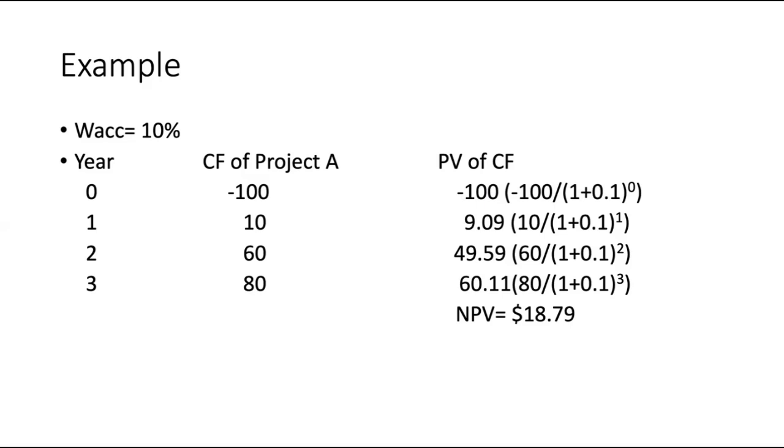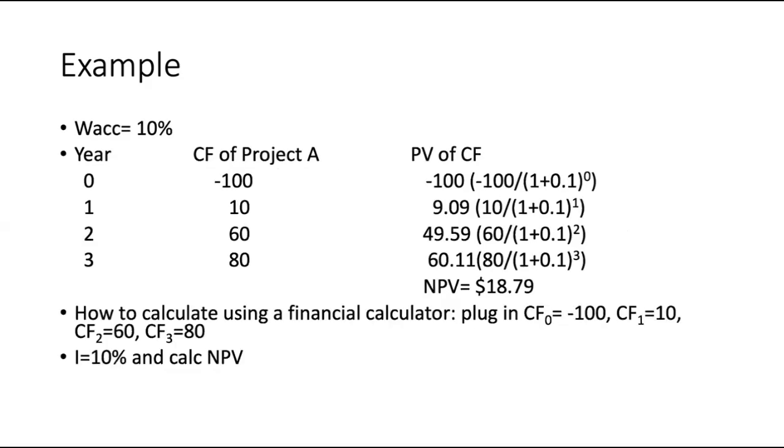And the present value of the cash flow at year 1 turns out to be 9.09. We'll do the same for year 2 and year 3. Then we'll sum these present values. So we'll add negative 100 to 9.09, then add 49.59, then add 60.11. So the net present value turns out to be $18.79.